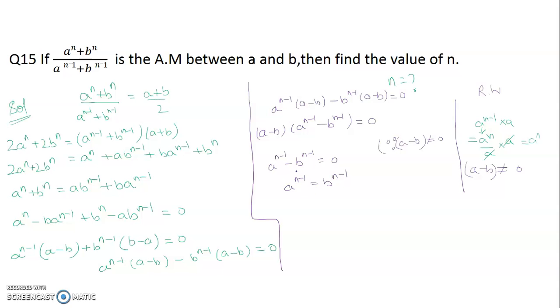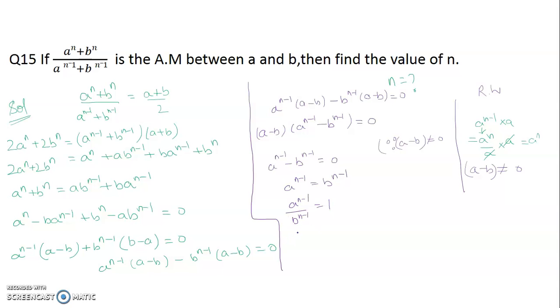This is a raised to the power n minus 1 and b^(n-1). Now if I divide, students, I can write this as a^(n-1) upon b^(n-1) is equal to 1.